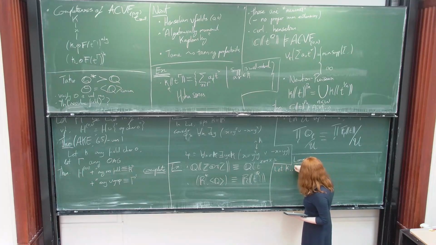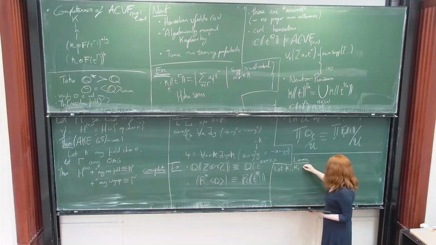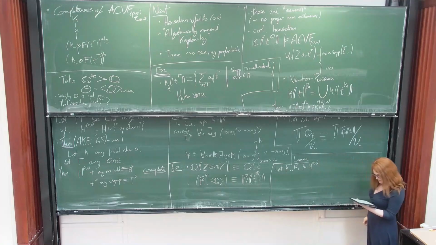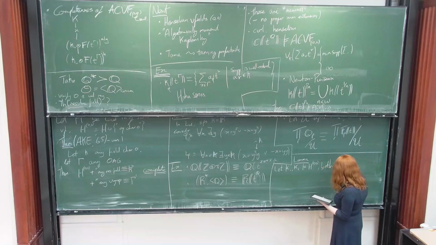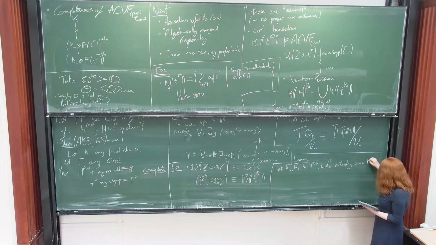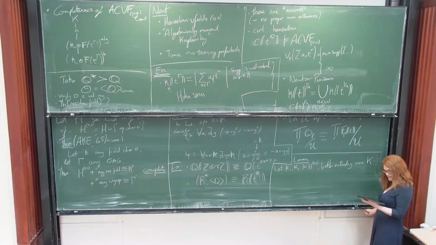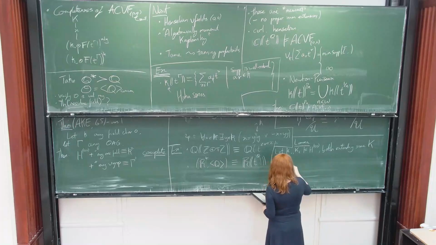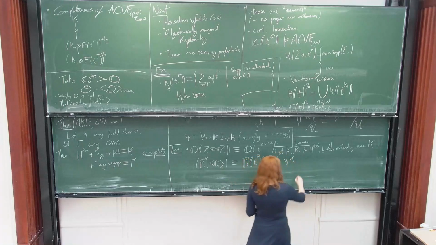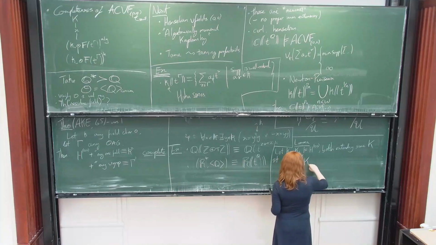Let K1, K2 be models of Henselian valued fields of equal characteristic 0. So they're both Henselian valued fields of equal characteristic 0, both extending some common subvalued field K, such that the value group of K1 over the value group of K is torsion free.